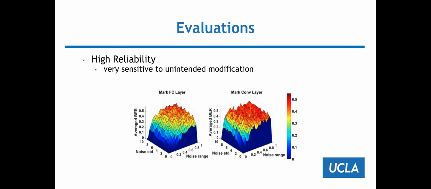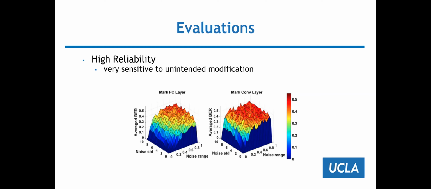So checking the reliability is equivalent to checking the bit error rate, which is BER here. I think this was not introduced previously. Basically, how the attestation process works is that they compare the fingerprint with the one that's previously stored in the secure memory.